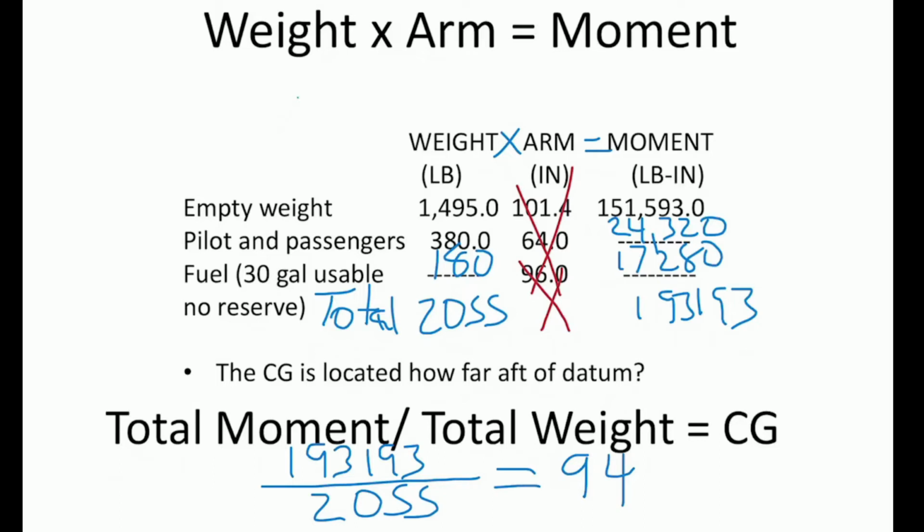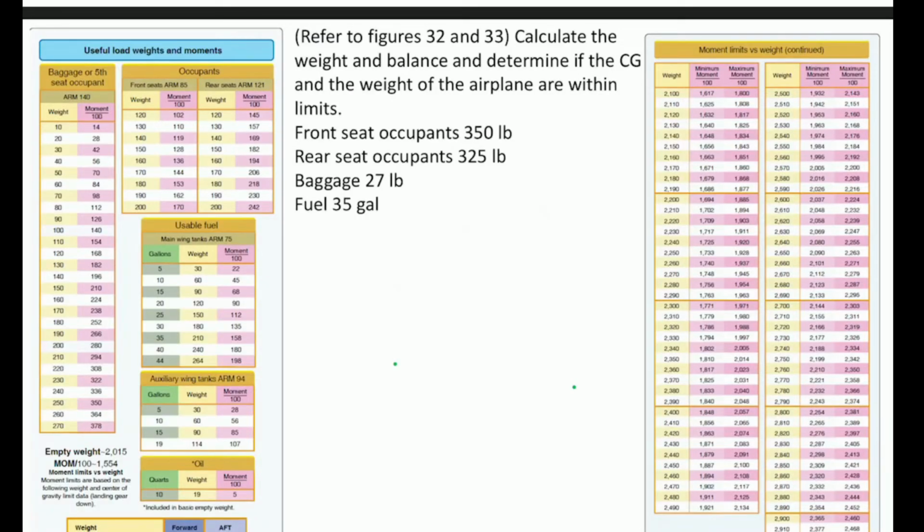So remember, get all your moments, multiply across, add your weights, add your moments, then divide moments over the weight, and you get your CG. So the first thing you got to do is start off with all of the weight of all of the things. So that's going to be the airplane, the passengers, the baggage, and the fuel.